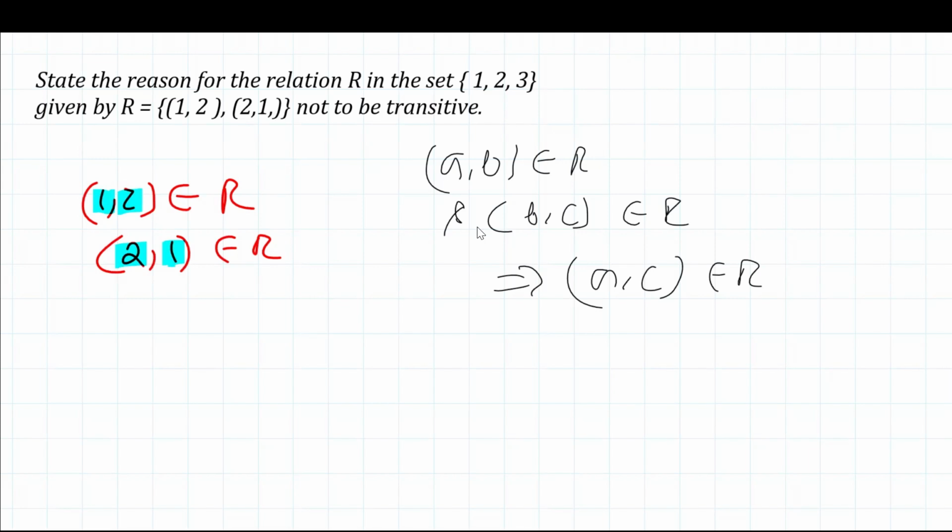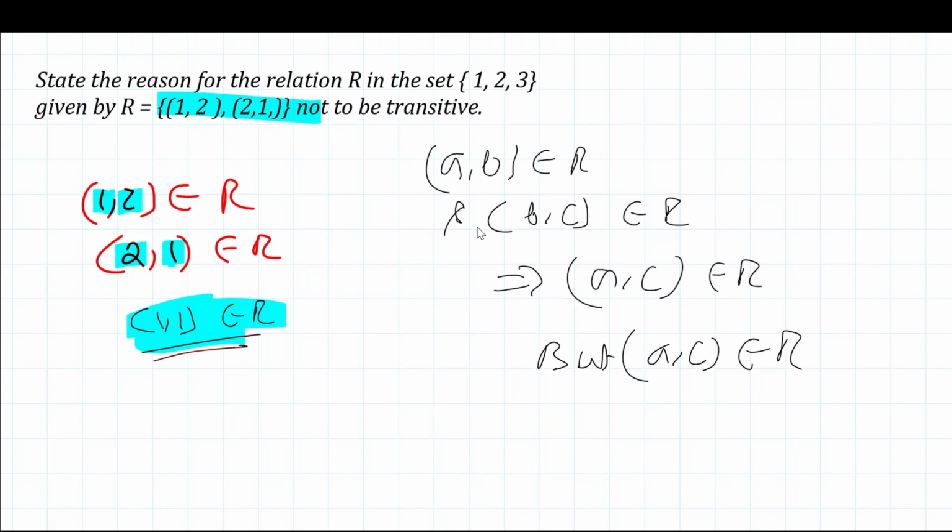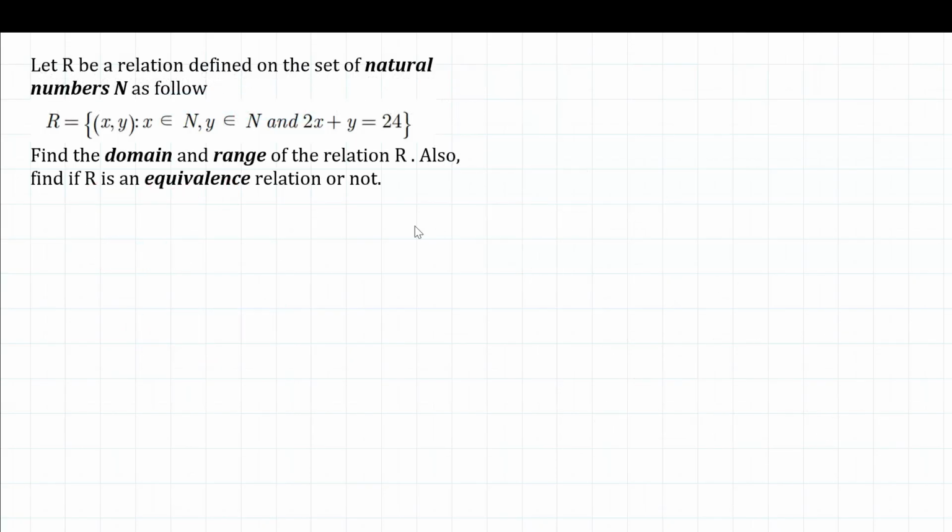Therefore, in order for (a, c) to belong to R, (1, 1) must belong to R. But over here, you can see that there is no (1, 1) in R. That means (1, 1) does not belong to R. So we say it is not transitive. Therefore, R is not transitive.